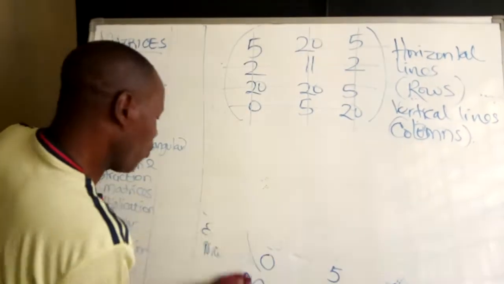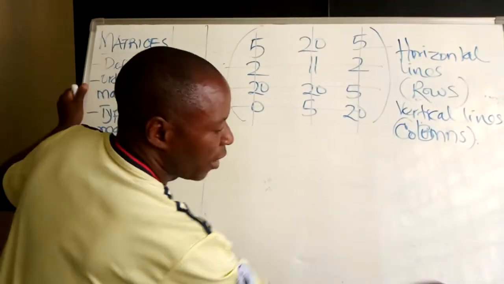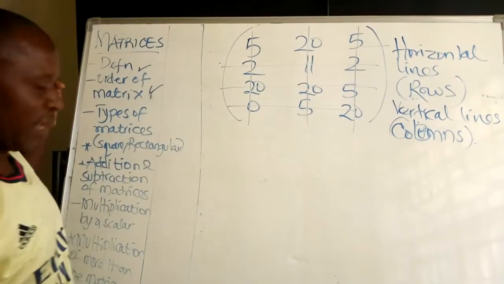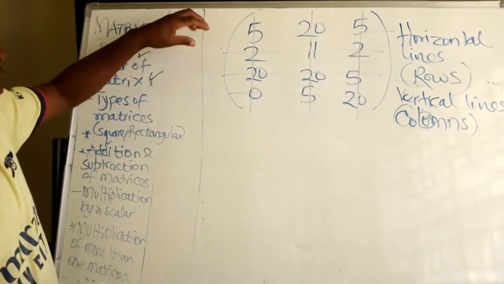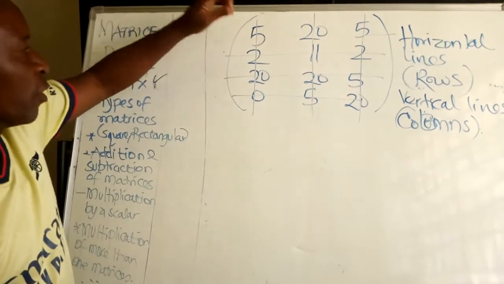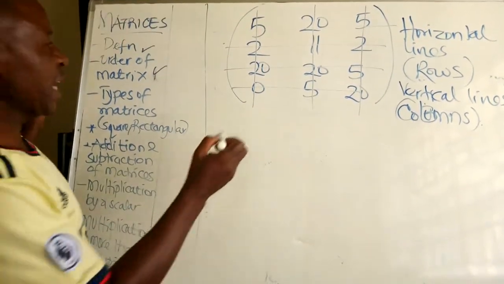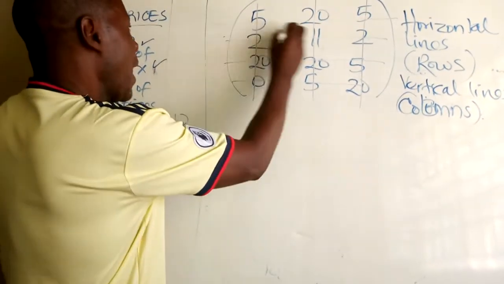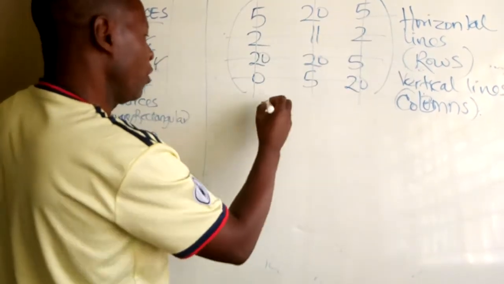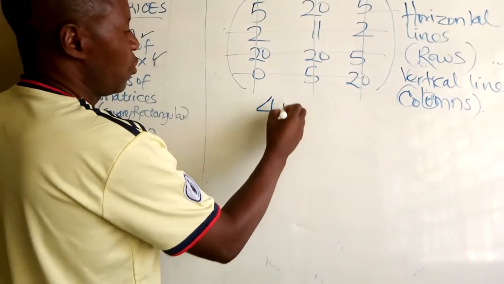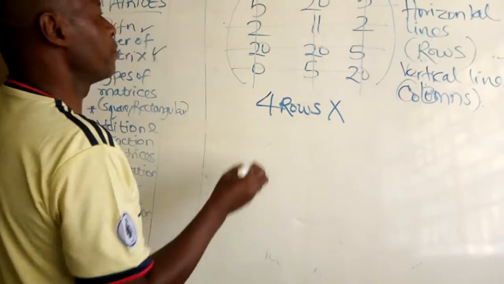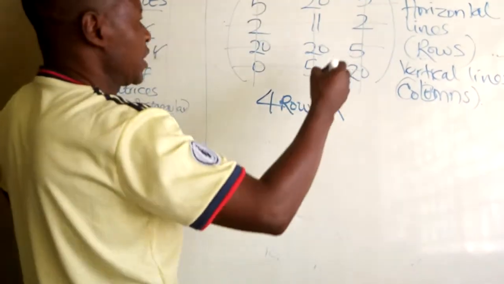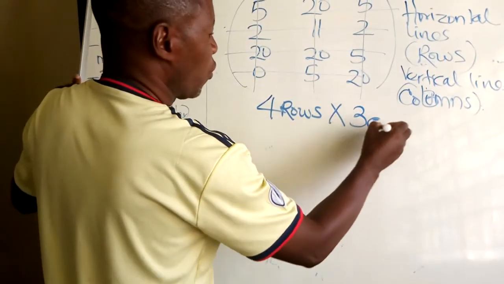Now when we are to name the order of a matrix, we mention the number of rows, which are 4 rows, by the number of columns, which are 3 columns.